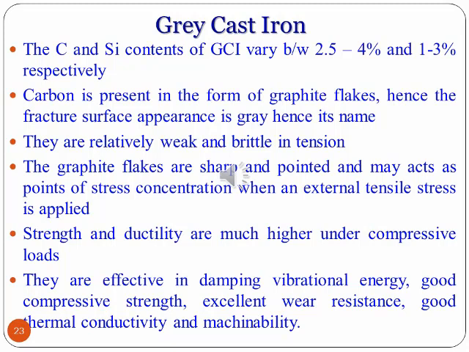They are relatively weak and brittle in tension. Graphite flakes are sharp and pointed and may act as points of stress concentration when external tensile stress or load is applied. Strength and ductility are much higher under compressive loads. They are effective in damping vibrational energy and have good compressive strength. They have excellent wear resistance and have good thermal conductivity and machinability.